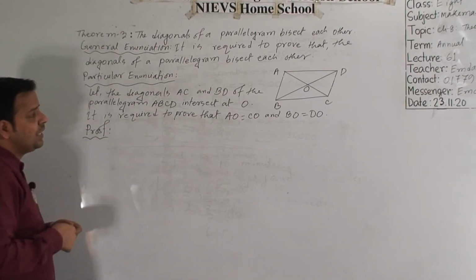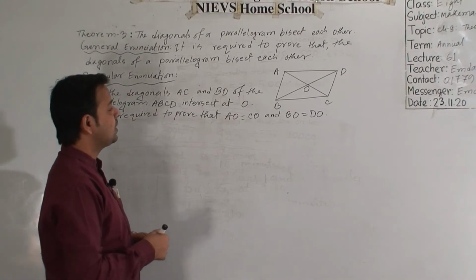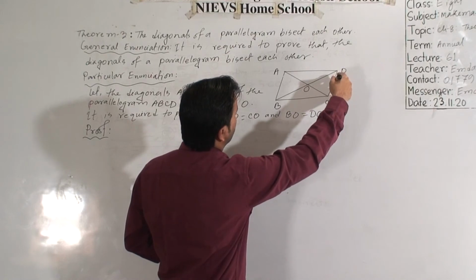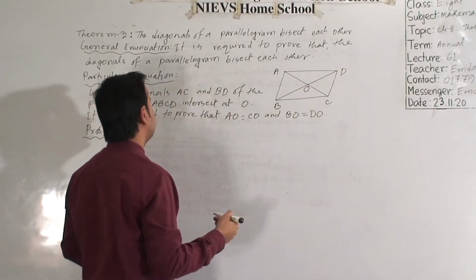To prove this, we can say AB and CD are parallel.